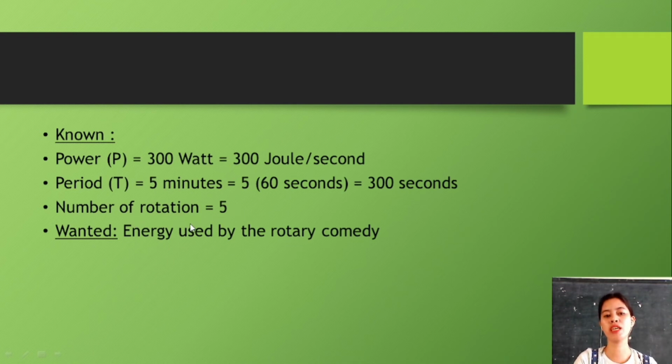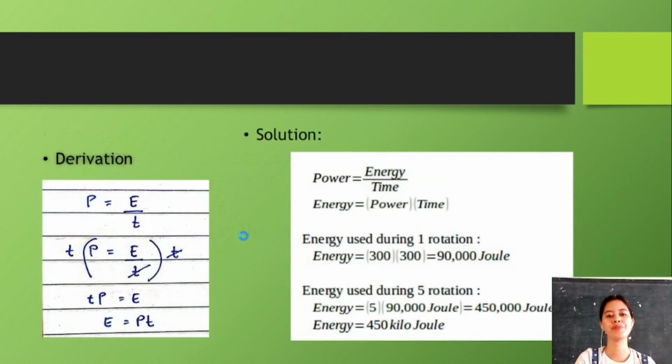What we are looking for is the energy used by the rotary comedy. So derivation. In solving the power, the formula is work over time or energy over time. Since the power is already given, what we are looking for is the energy. So let's derive.